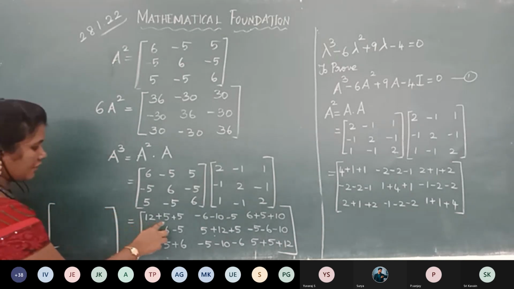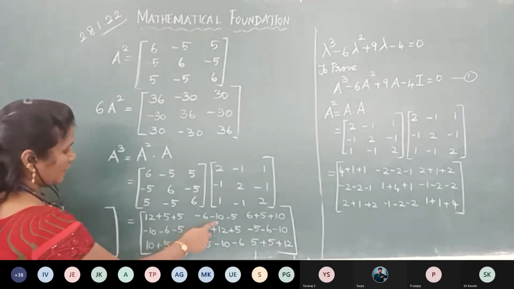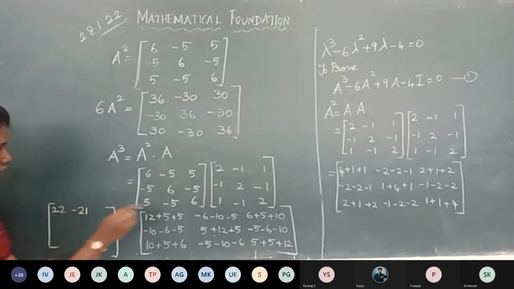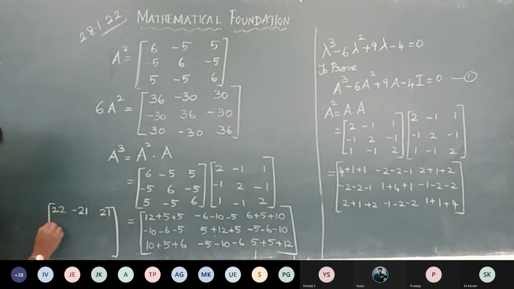So 12 plus 5 plus 12, that is 22. This will be 22, minus 21, 21, minus 21, 22, minus 21, 21, minus 21, 22.